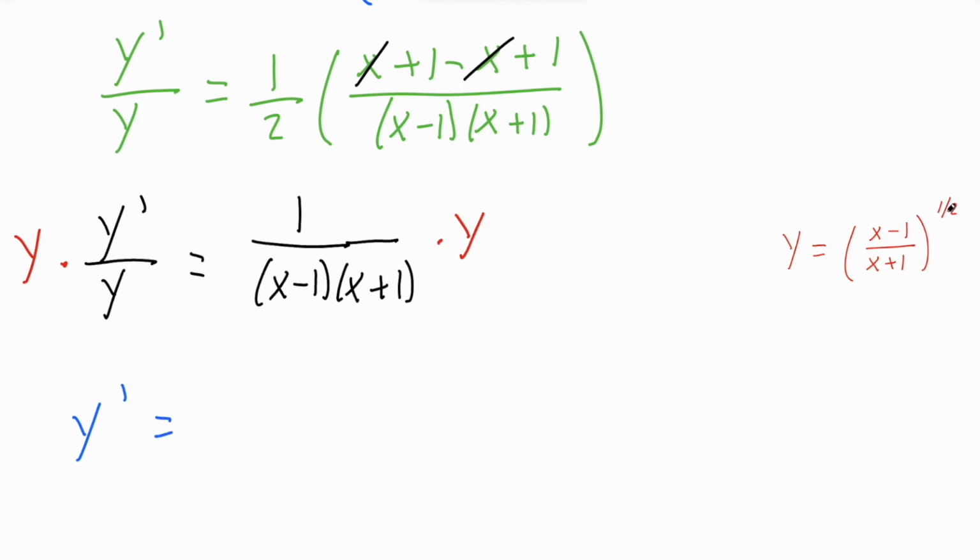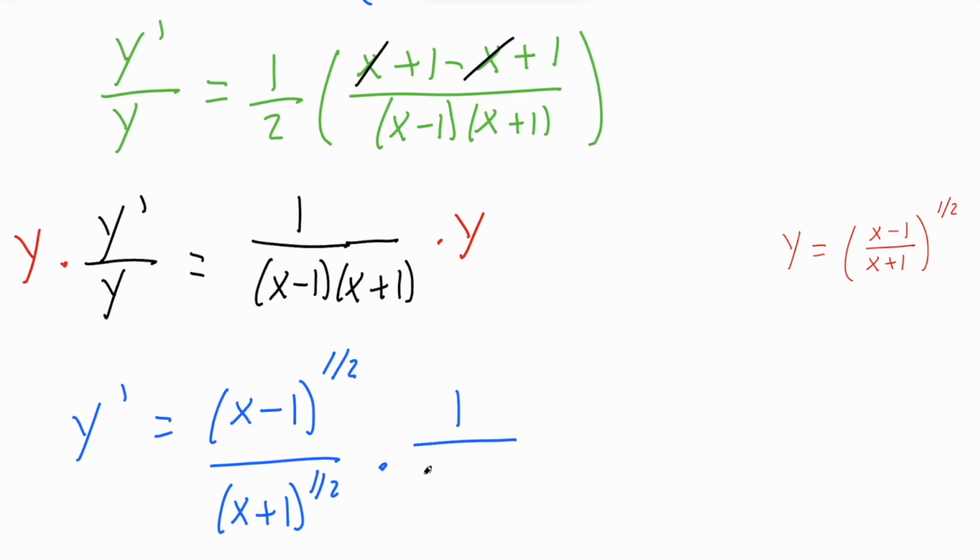And I'm also going to distribute this 1/2 to both the numerator and the denominator. So I can say I have (x minus 1) raised to 1/2, divided by (x plus 1) raised to 1/2, times 1 divided by (x minus 1)(x plus 1).